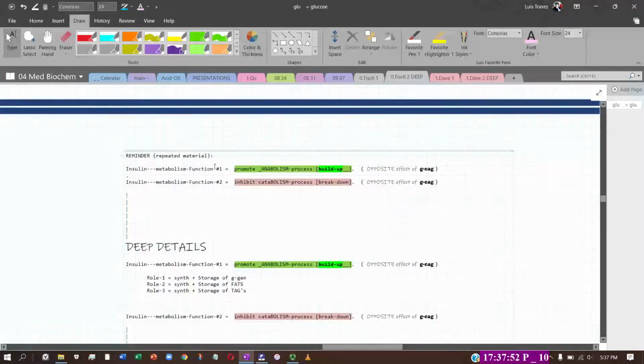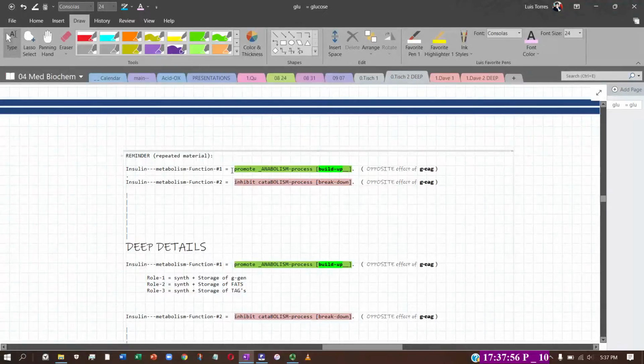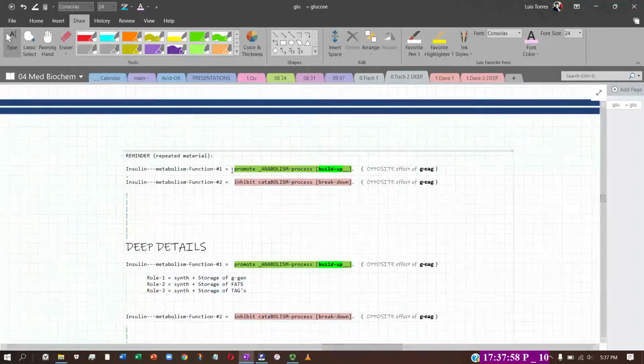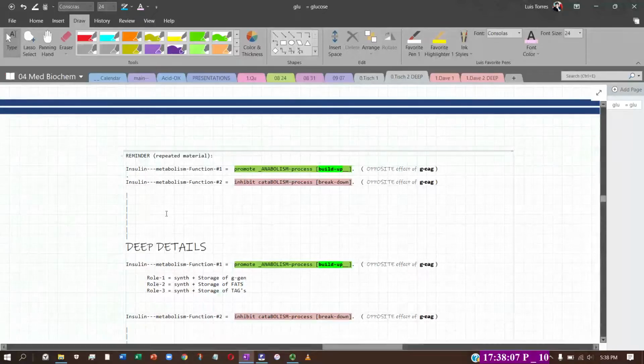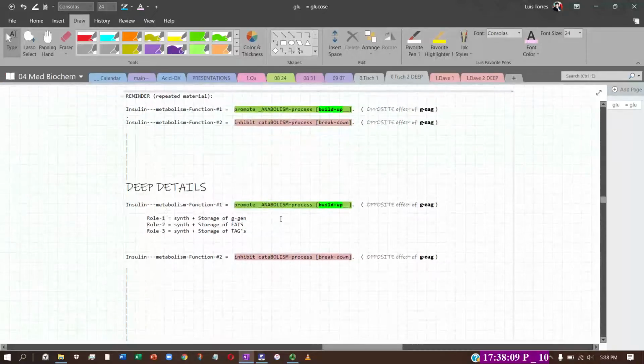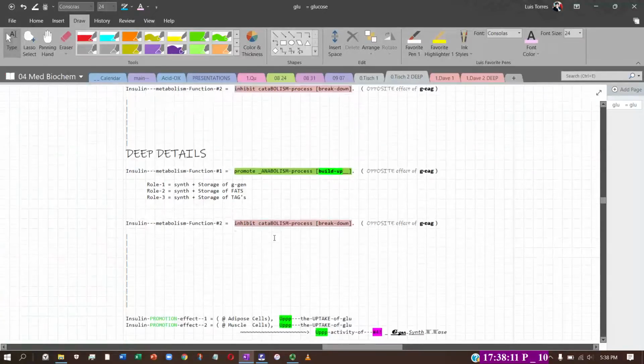So here's a reminder of something we addressed earlier. Insulin, function number 1, it promotes anabolism. And function number 2, it inhibits catabolism. So here are some deeper details about that material.